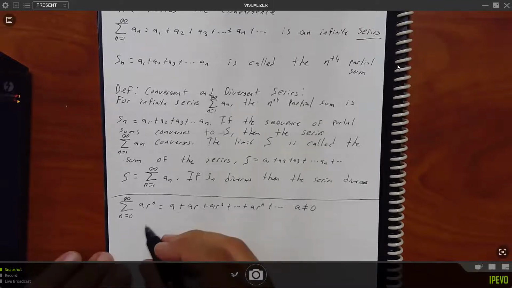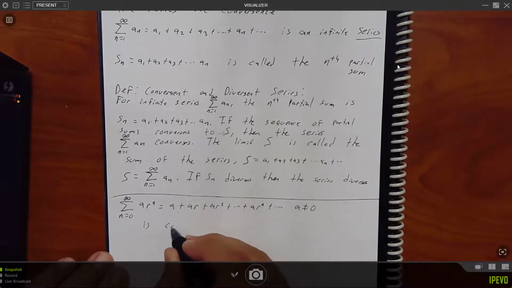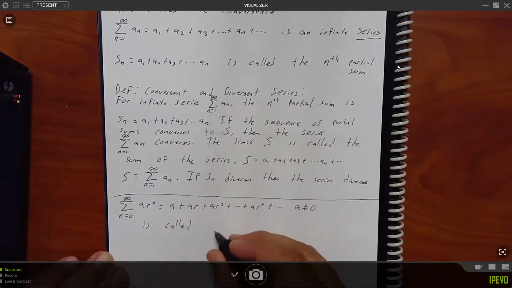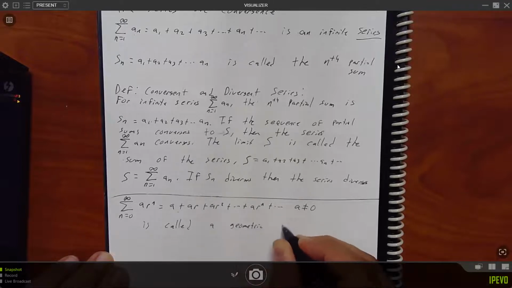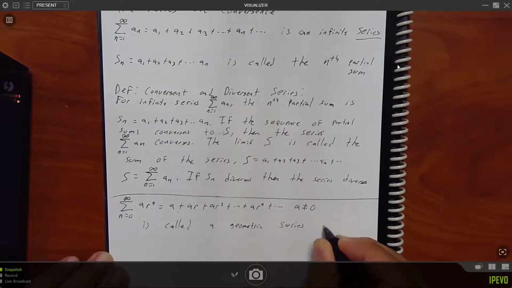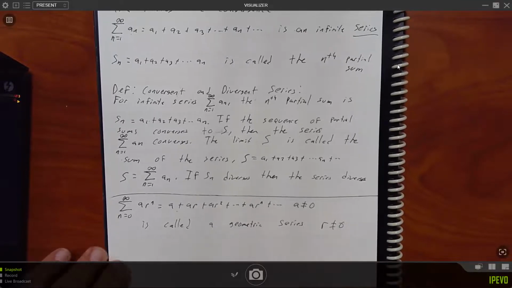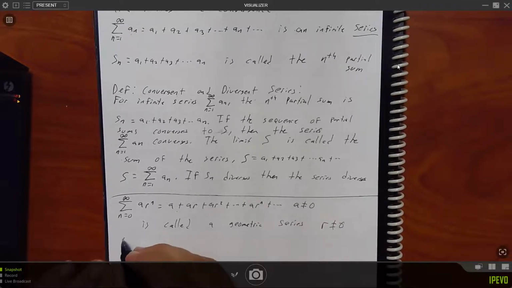So this is called a geometric series. R cannot be 0. This is the requirement for a geometric series to converge.